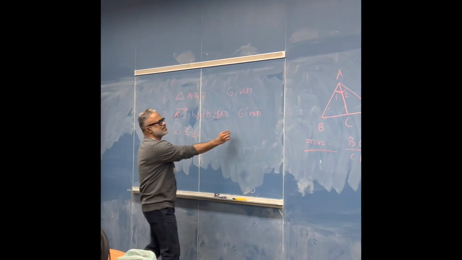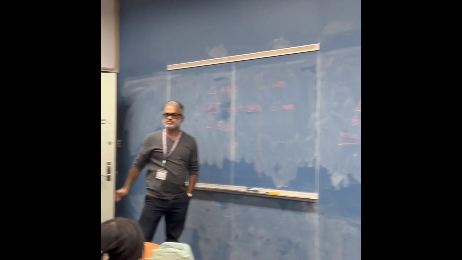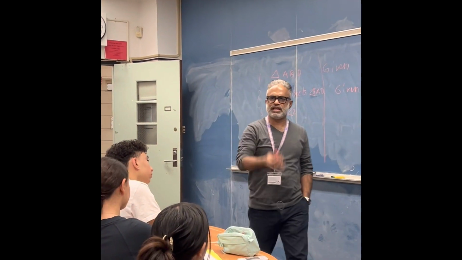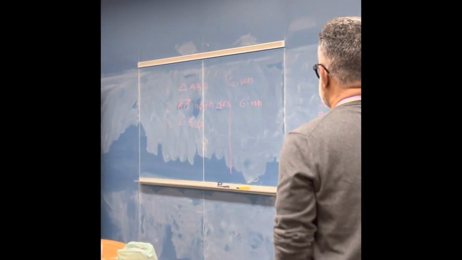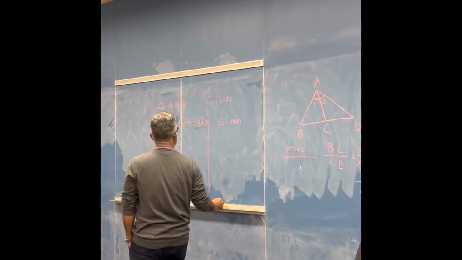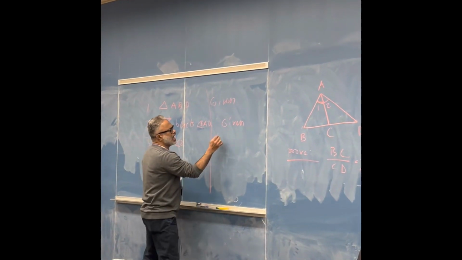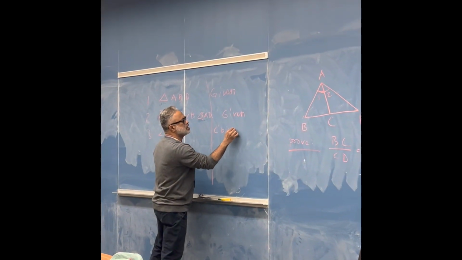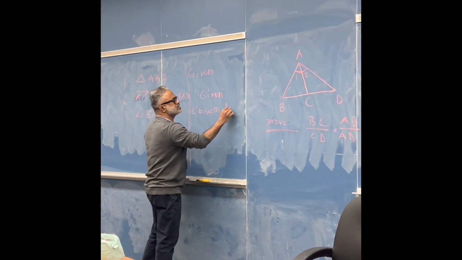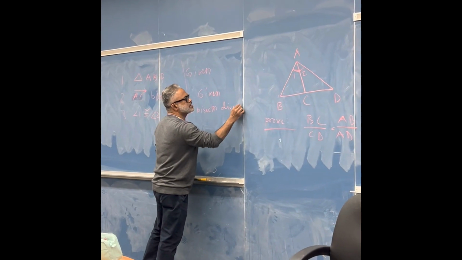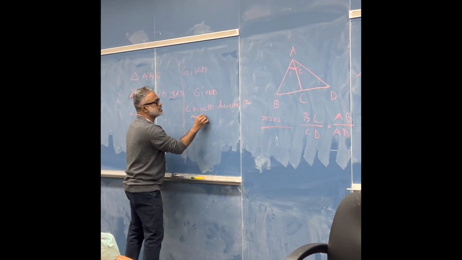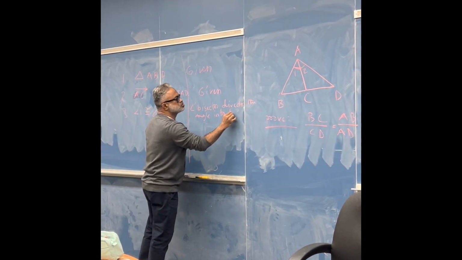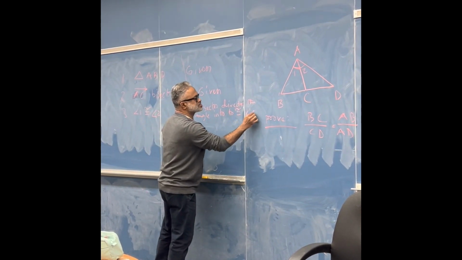So why do we say that? The reason? Somebody from that corner? Kayla, you want to try? Angle bisectors divide angles into two congruent angles. Yeah, that's a good way of saying it: an angle bisector divides the angle into two congruent angles, right?